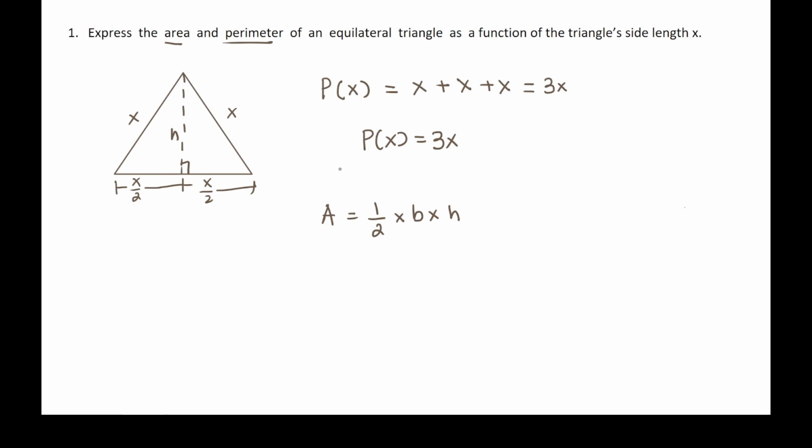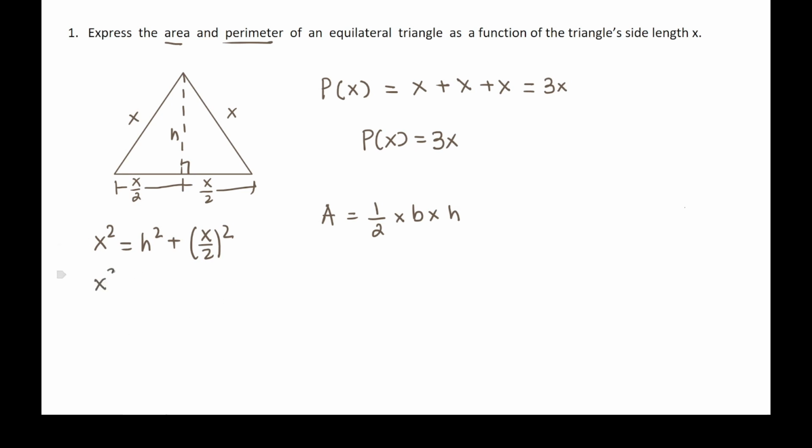And we want to express h, the height, in terms of x. So we can simply use the Pythagorean theorem, which would be x squared equals the height squared plus (x over 2) squared. And we can solve for the height in terms of x from here.